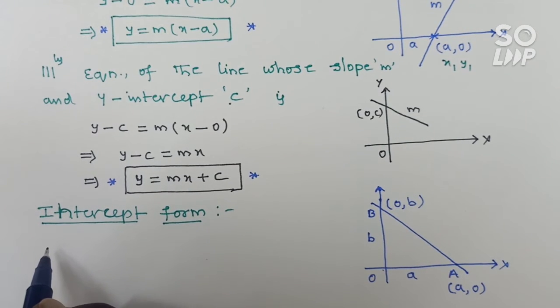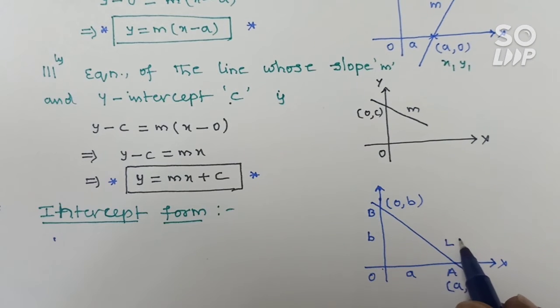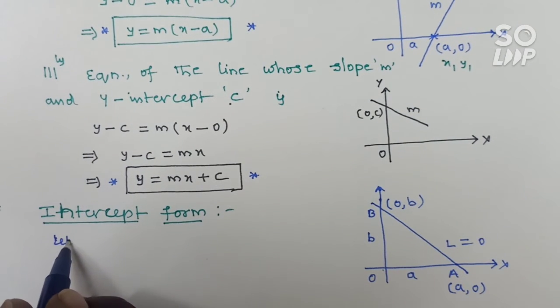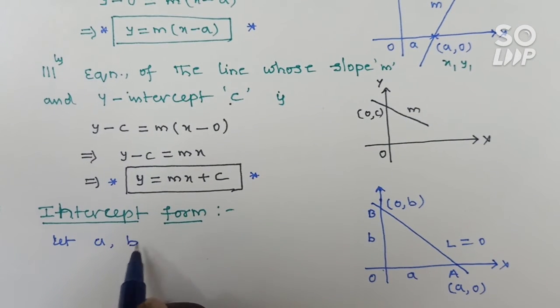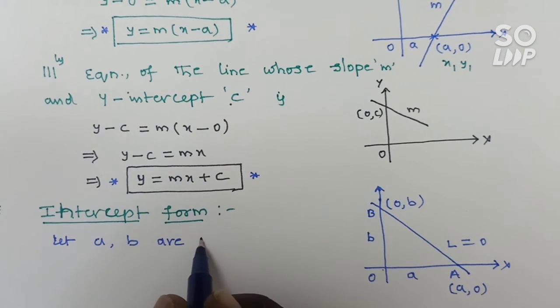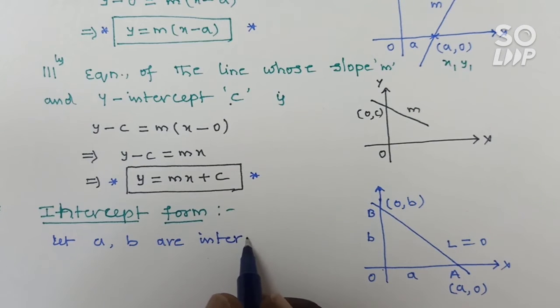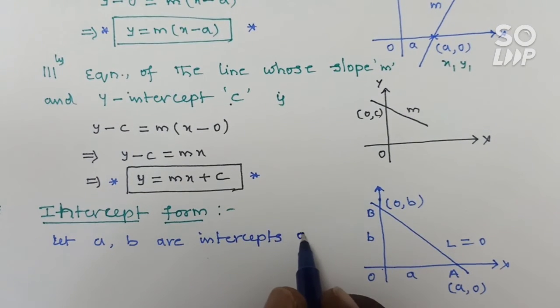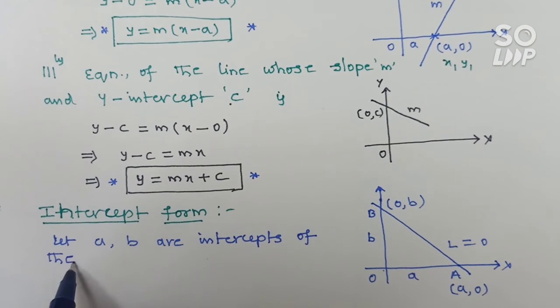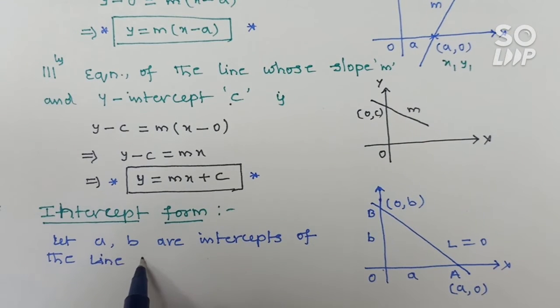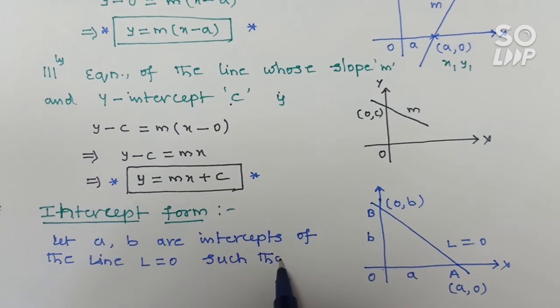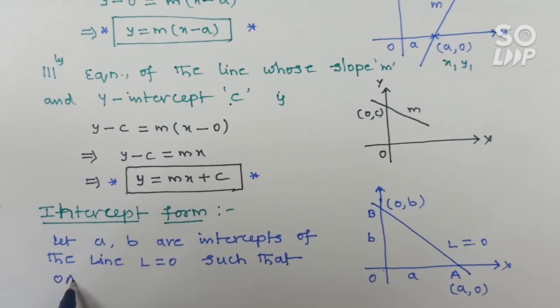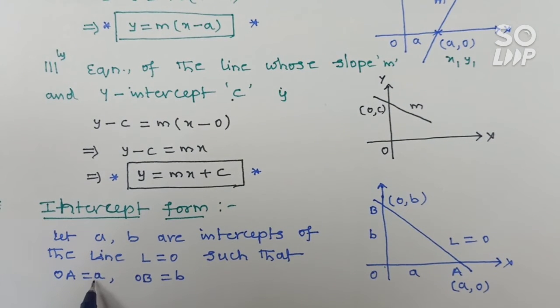Now here you write that let L = 0 be a line, and let a comma b be the intercepts of the line L = 0, such that OA = a, OB = b.